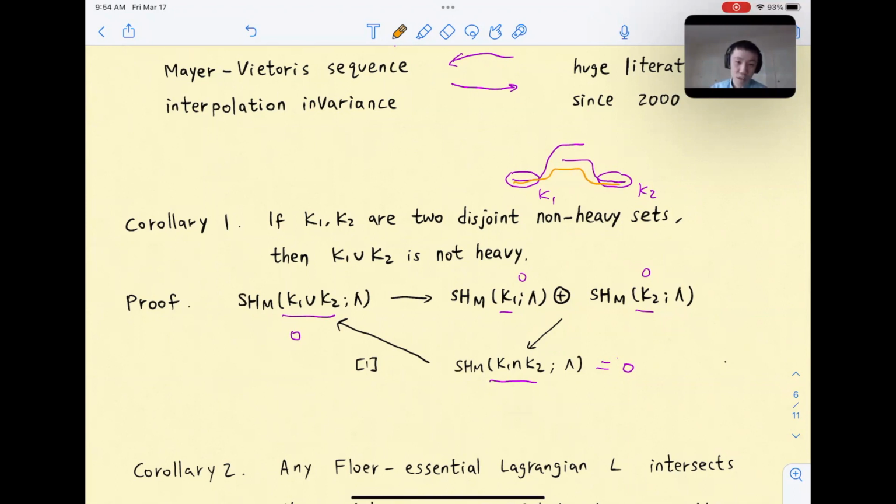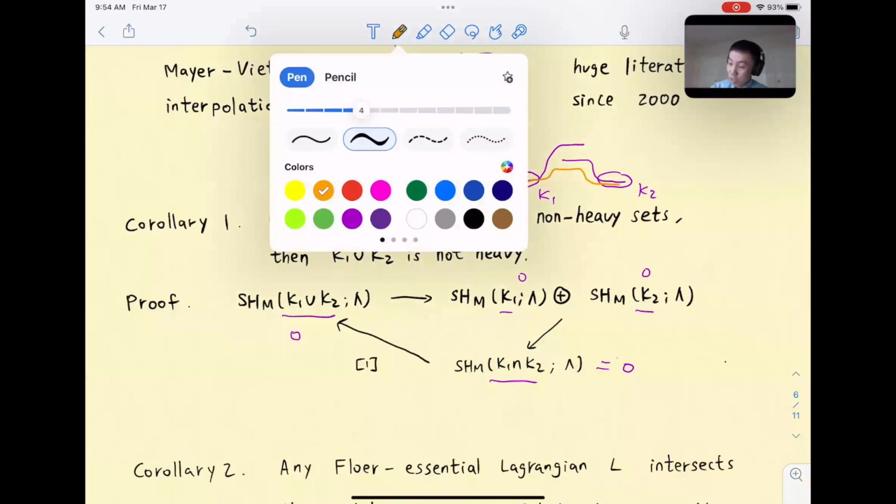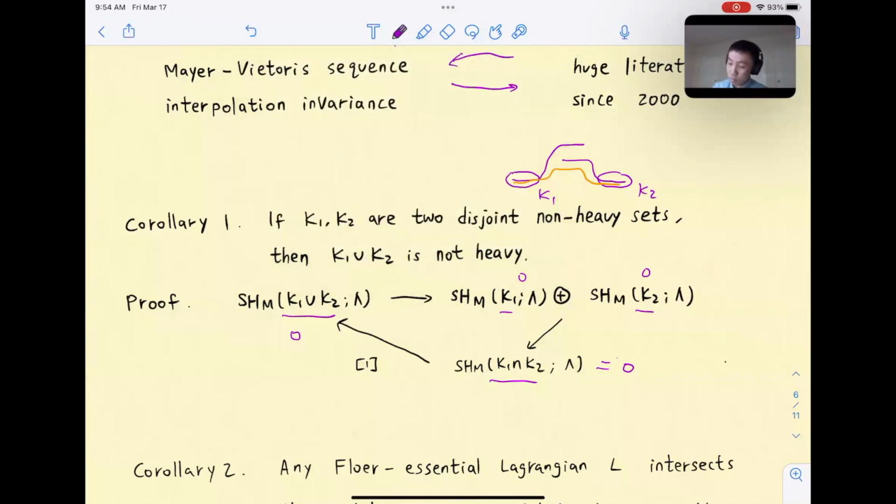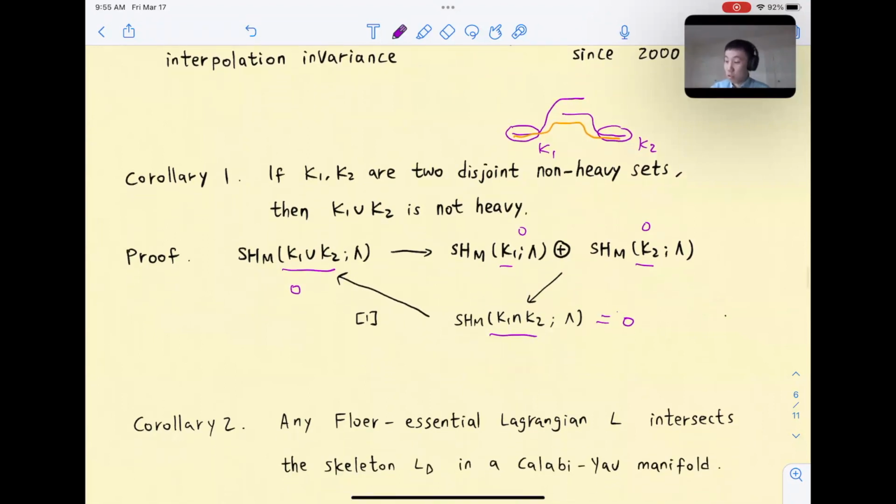So that is asking how the spectral invariants of these three Hamiltonians are related. Just in terms of spectral invariants, people are asking for such a formula, for example, the sum formula or the Mayer-Vietoris formula for Hamiltonian functions. This relative invariant in some sense provides a way to study such phenomena. So that's the first corollary.